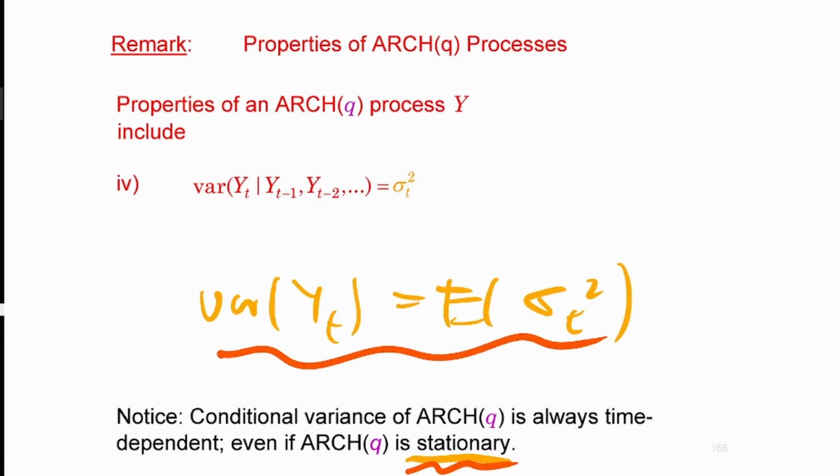It sounds counterintuitive because people think that conditional variances are some sort of a weaker concept than unconditional ones. But in that regard, this is not true. The conditional variance can be a stochastic process, but the unconditional one cannot. That is not possible.